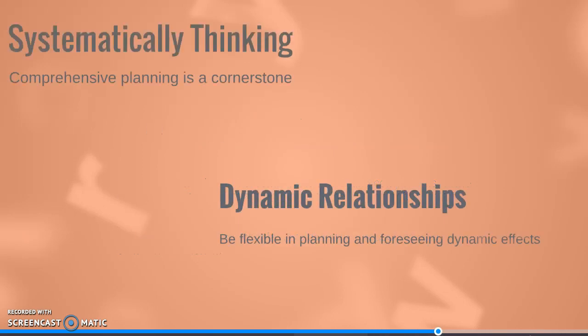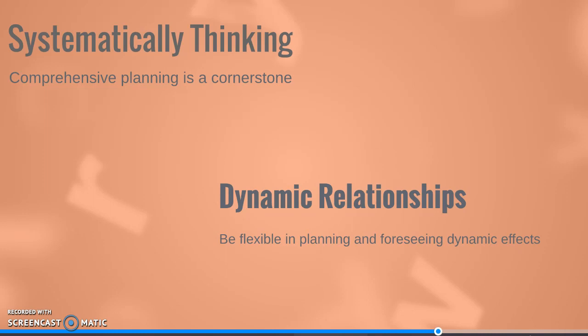There are two ways of thinking of systems. Systemic thinking, which is comprehensive planning, is a cornerstone to thinking systematically. Think of the example of introducing innovative technology. One is well advised to consider the process, the training, the maintenance, and the management process.